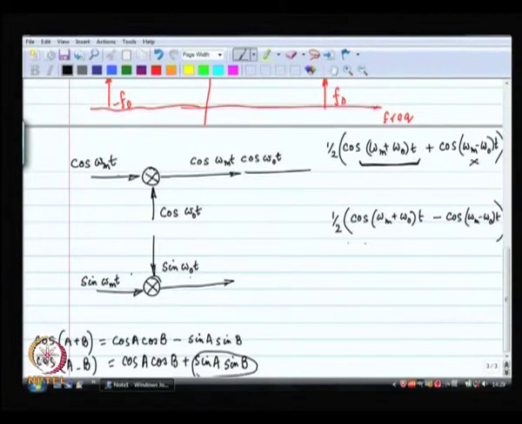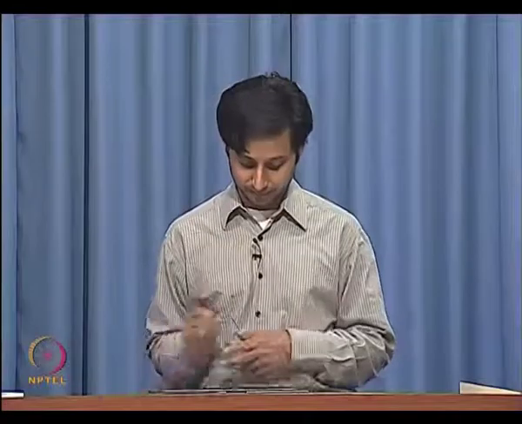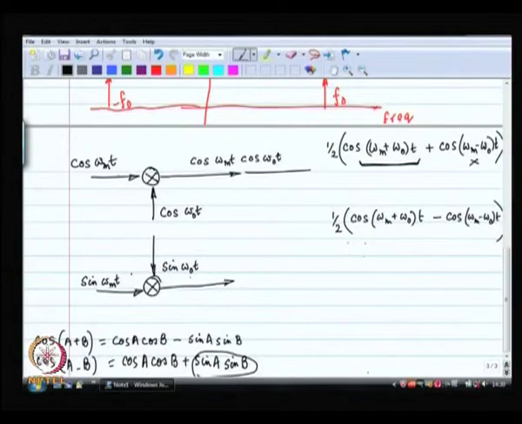So, sin A times sin B is clearly going to be half of cos A minus B minus cos A plus B. Which is really this. Right.